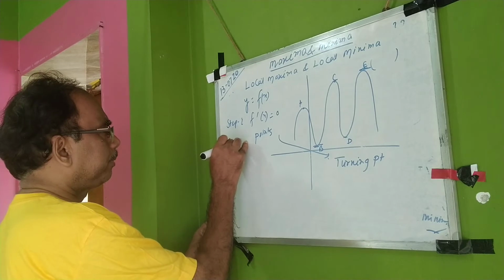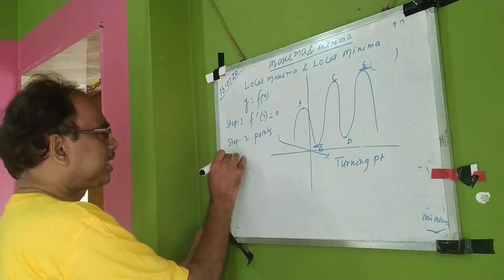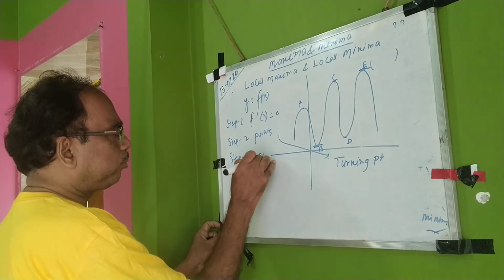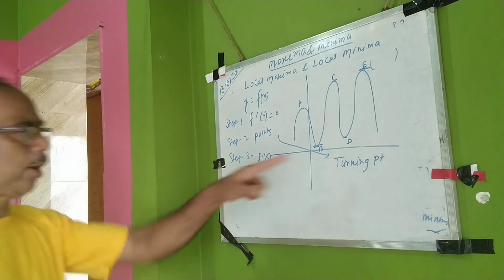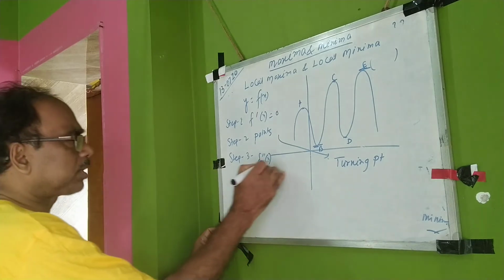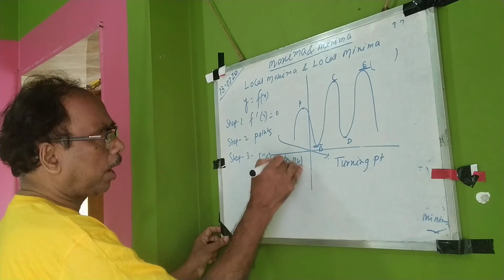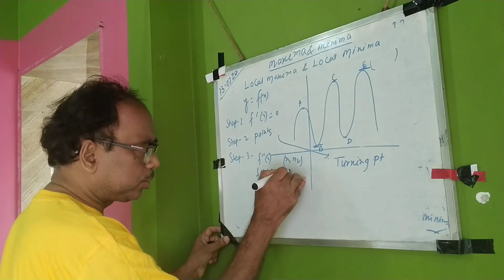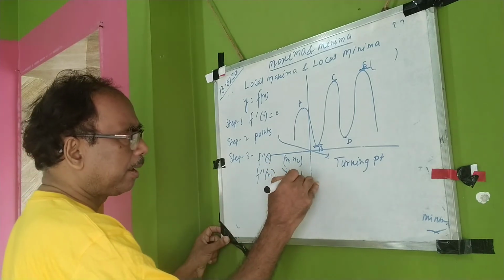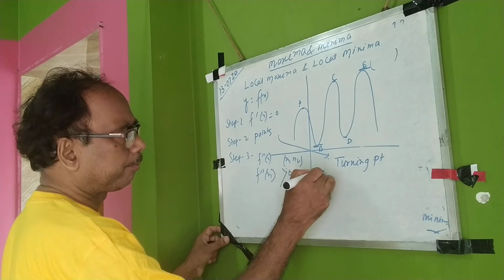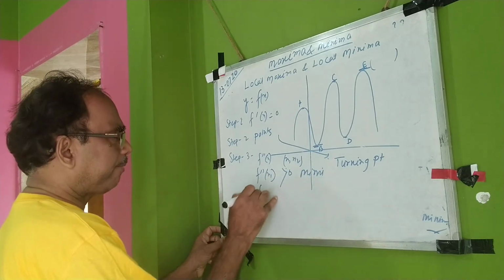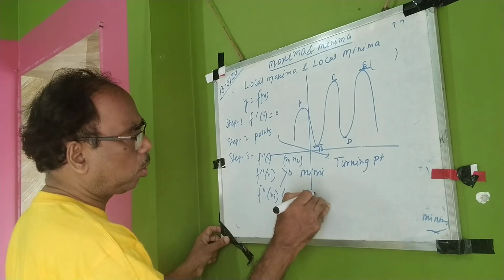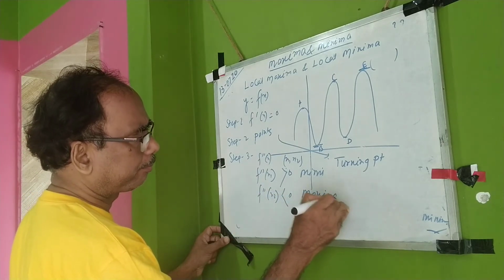That is step 2. In step 3, you have to find f double dash x, and at the turning points, suppose x1 and x2, f double dash x1, if it is greater than 0, then it has a minimum value. And f double dash x2, if it is less than 0, then it has a maxima value.